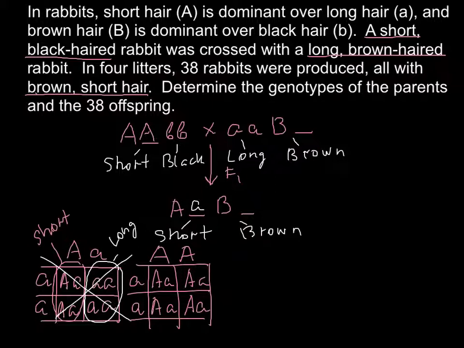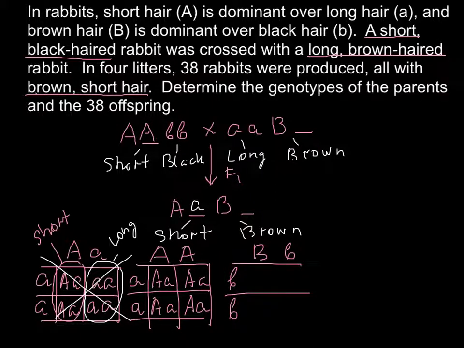And now we have to consider this allele here. Once again, it can be capital B or small b, and let's think that this is small b, and once again we do a cross, so capital B and small b here, and the second parent is homozygous recessive for this trait, so we put it on the side here.